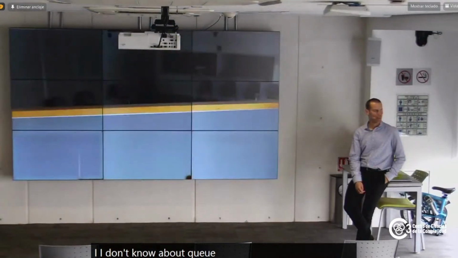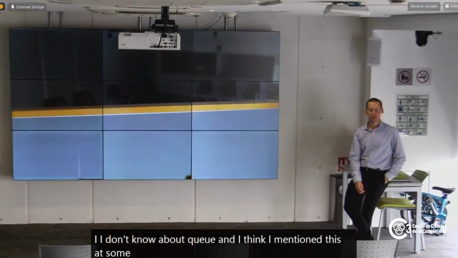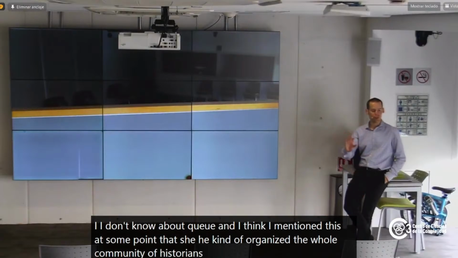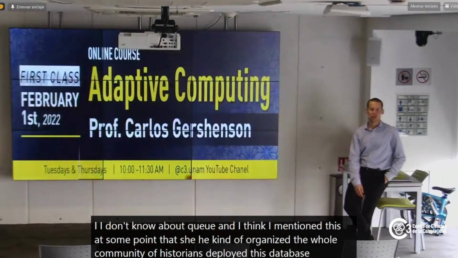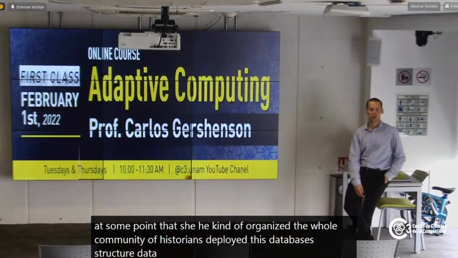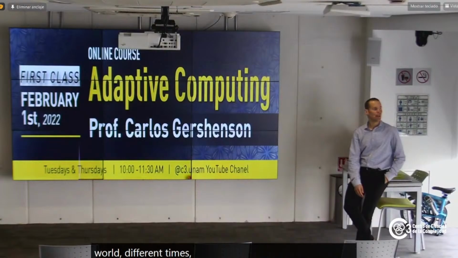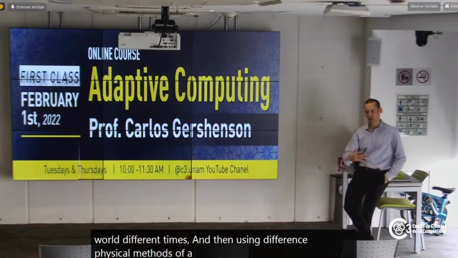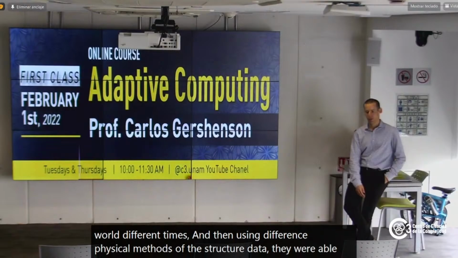And I think I mentioned this at some point that he kind of organized a whole community of historians to upload in these databases structured data about different civilizations from different regions of the world, different times, and then using different statistical methods over these structured data, they were able to contrast different theories.